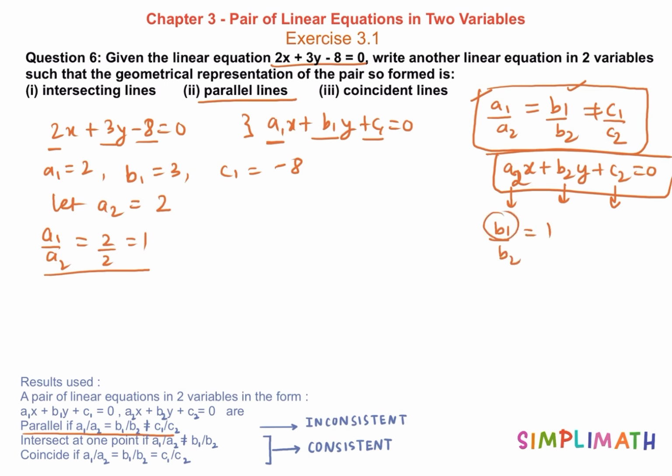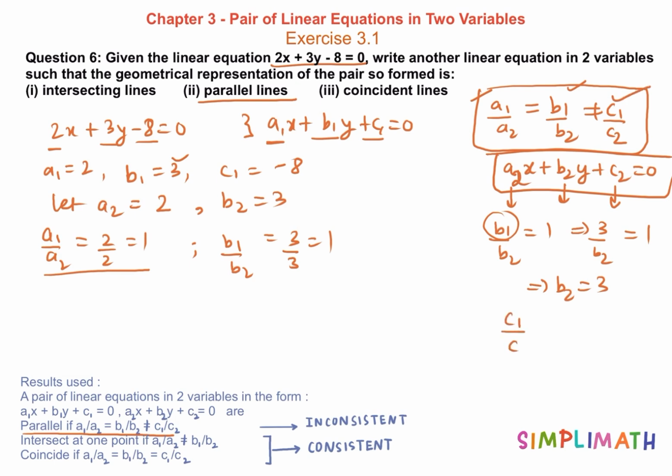Now b1 we know is 3. So this would become 3 by b2 which is equal to 1. So b2 should be 3. So we assume b2 to be 3, then only b1 by b2 equals 3 by 3 which is equal to 1, right? Now this should not be equal to c1 by c2.